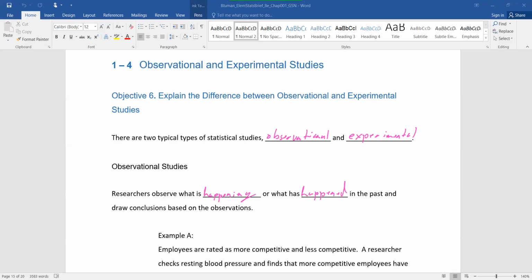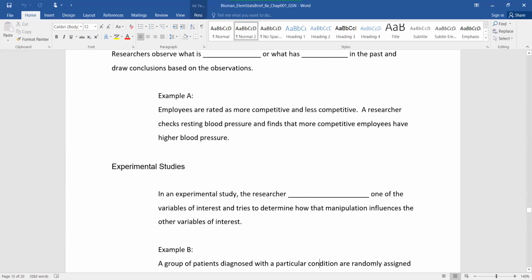But let's look at an example. So in example A, it says employees are rated as more competitive and less competitive. A researcher checks resting blood pressure and finds that more competitive employees have higher blood pressure. Right?